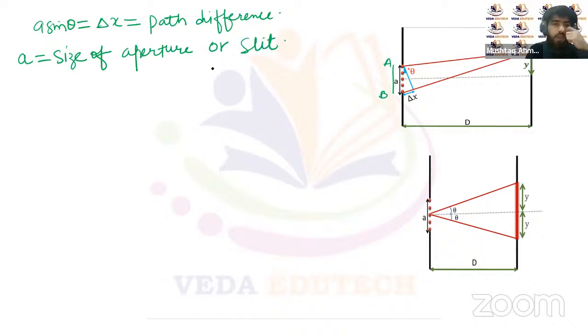Now for the dark fringe to occur, in case of obtaining the Fraunhofer diffraction pattern, the condition for this path difference is that a sin theta should be equal to n lambda.